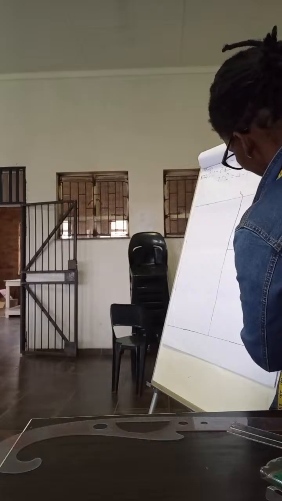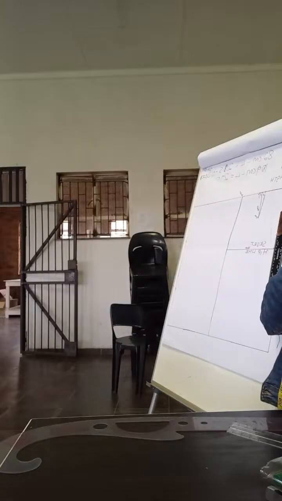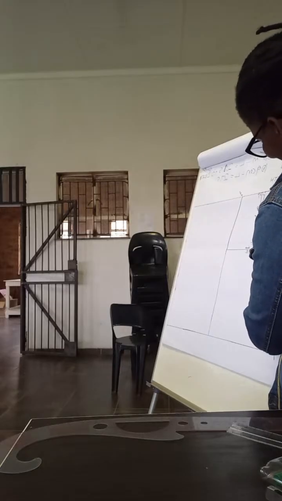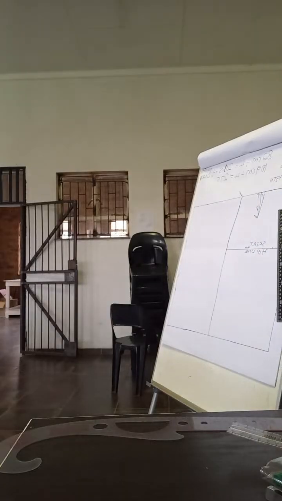What is this sign? What is the line called, the line that she's drawing there?